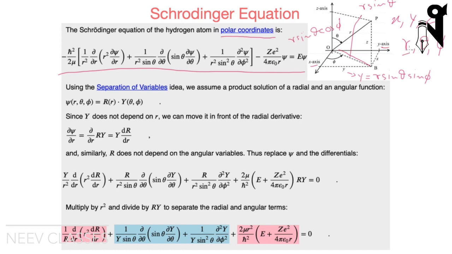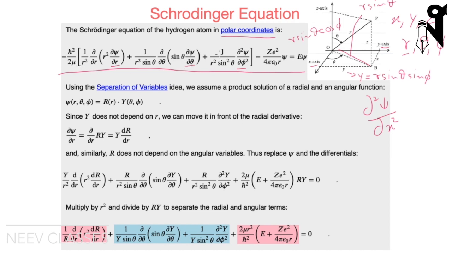So instead of x, y, z, and instead of writing partial double differentiation of our psi function with x, we are differentiating with respect to r, with respect to theta and with respect to phi. So it's the same function written in r, theta and phi, so that we can have the radial part separated out from the angular part.